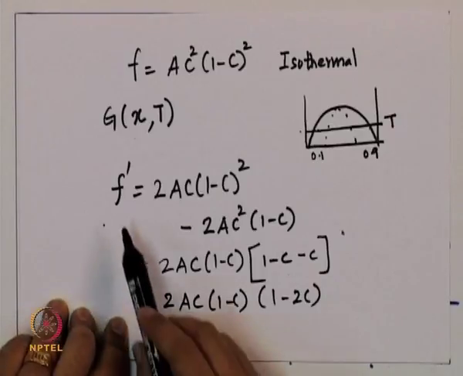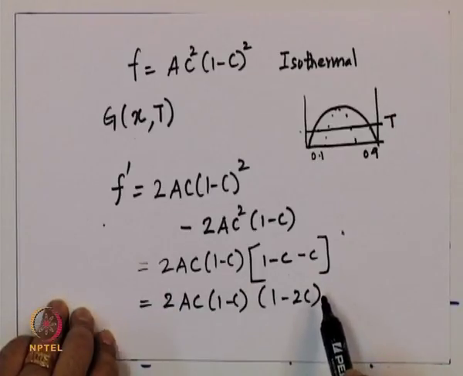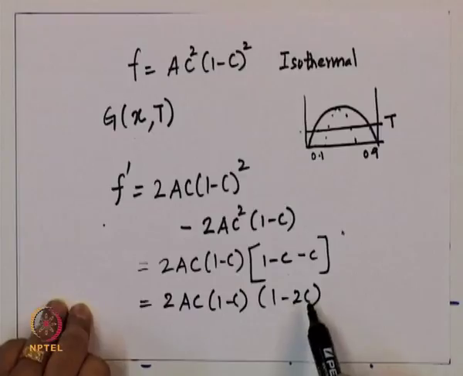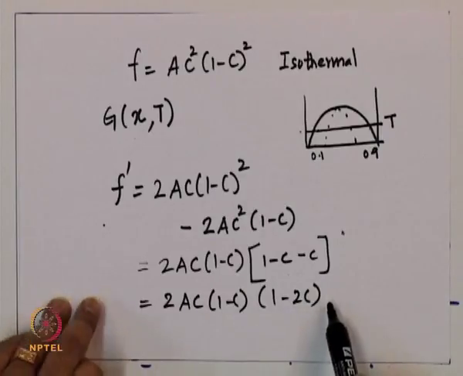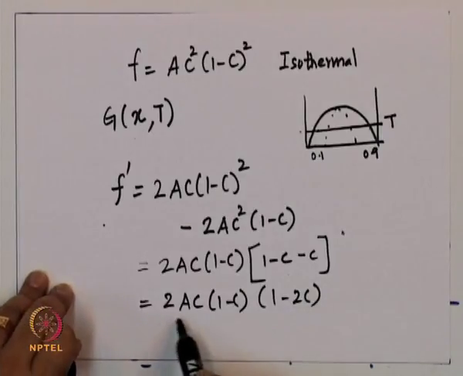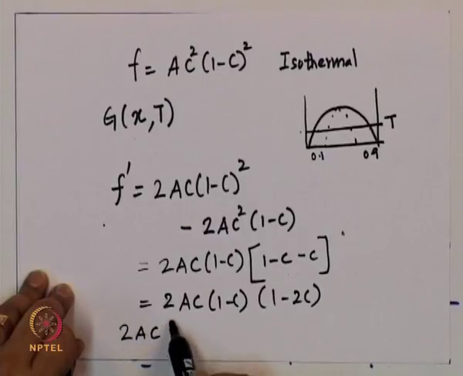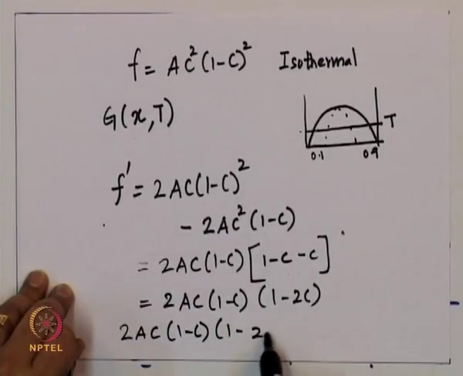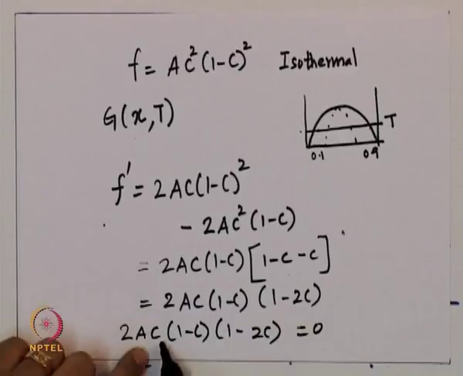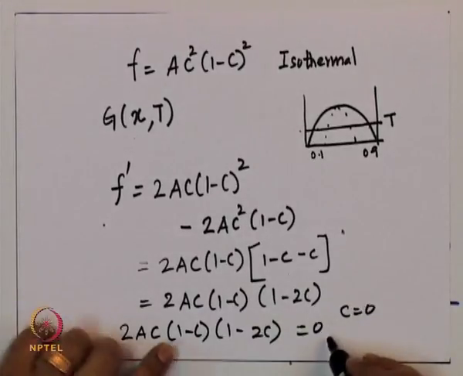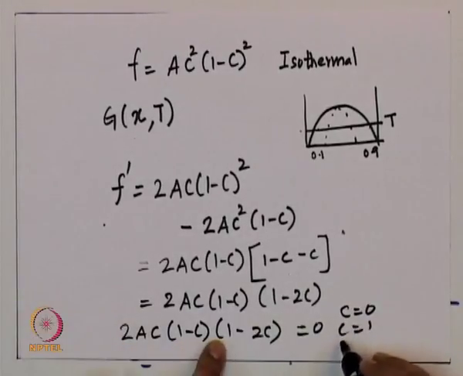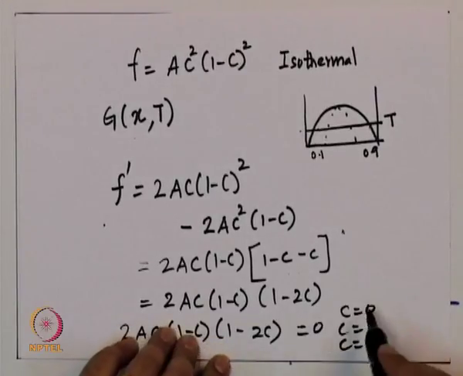Now, the first derivative should be equal to 0, that is a necessary condition to identify the points at which the maxima and minima are there. So, if I equate 2 A c into 1 minus c into 1 minus 2 c to be equal to 0, I get the solution as c equal to 0, c equal to 1, c equal to half. So, those are the 3 points where the extrema are achieved.